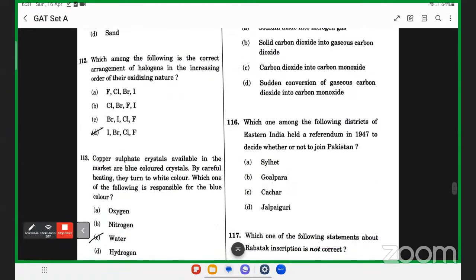Next is 112. Which among the following is the correct arrangement of halogens in increasing order of their oxidizing nature?